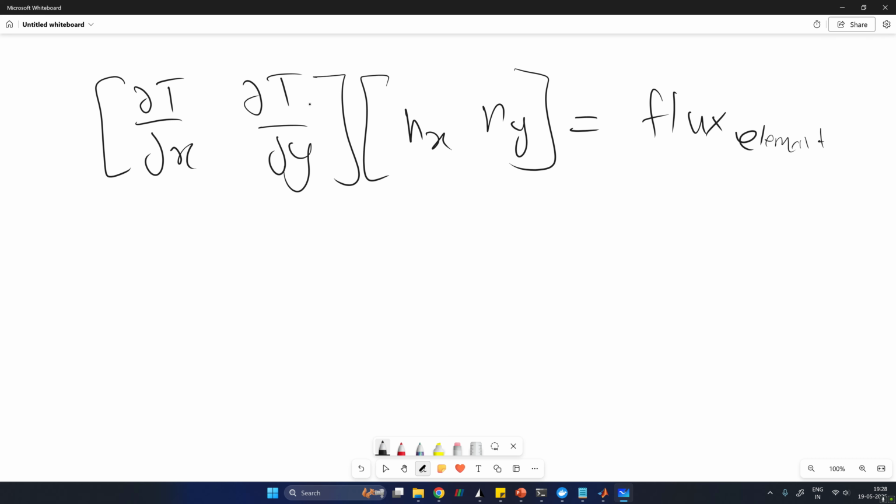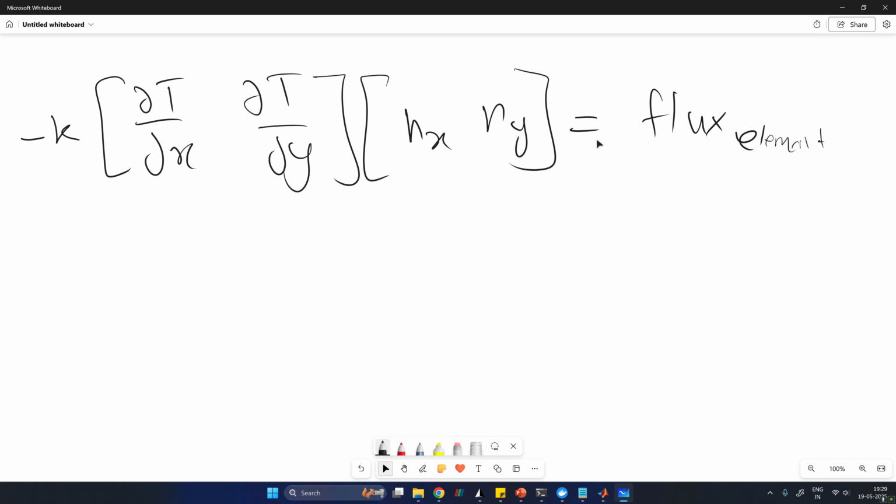Of course, this will not be your flux actually. You also have to multiply by k, minus k. So now this will be the flux in that element, and then you have to just add all of these fluxes over the elements, and you will get your total flux, which is moving out of your cylinder or moving inside your cylinder.